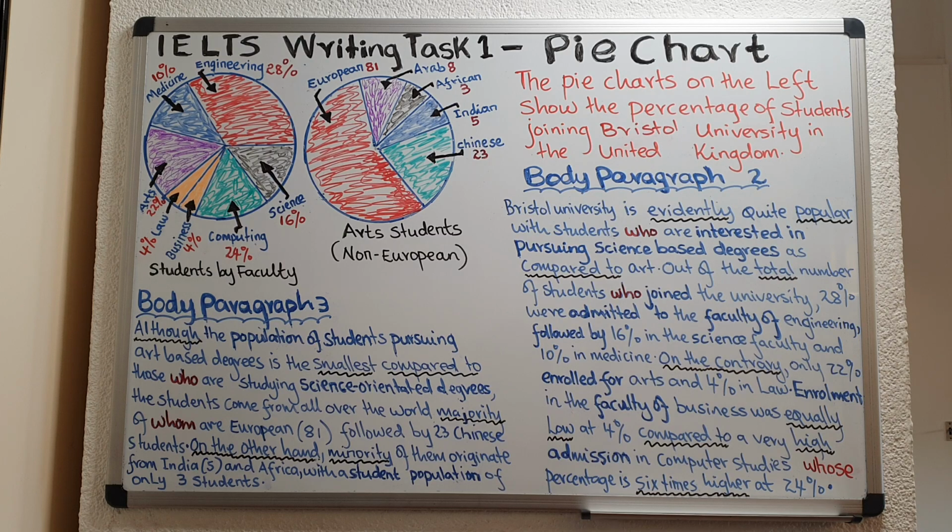So we are going to transfer that to our body paragraph 2. So we begin writing the sentence. Bristol University is evidently quite popular with students who are interested in pursuing science-based degrees as compared to art. Okay, so that's the first key feature.